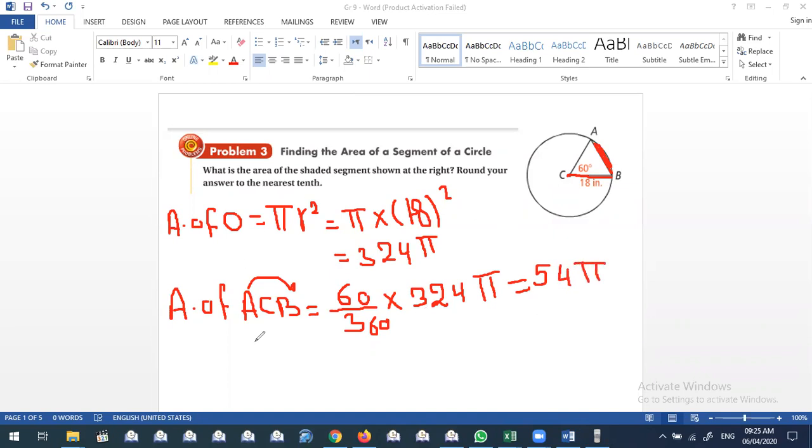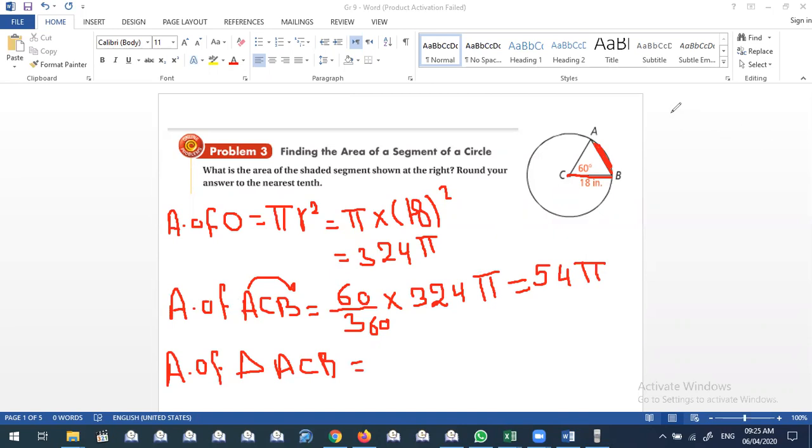Now we need to find the area of the triangle, area of triangle ACB. Area of a triangle has two rules.